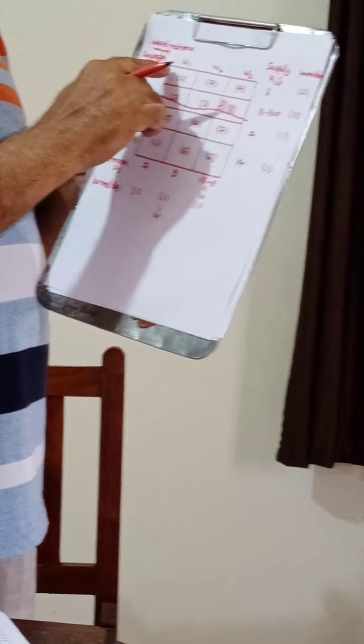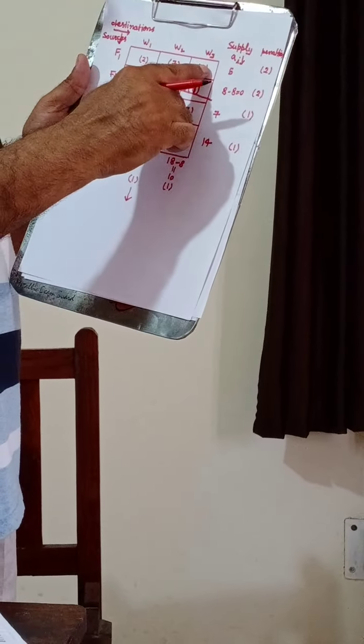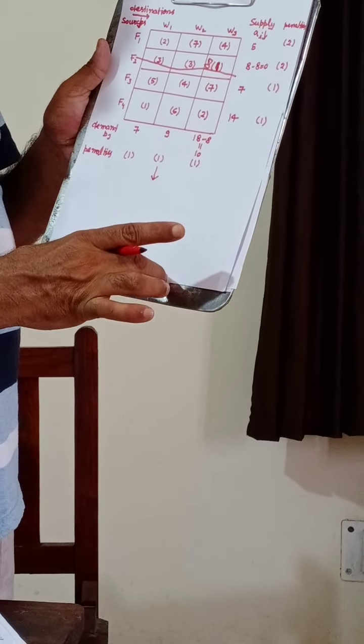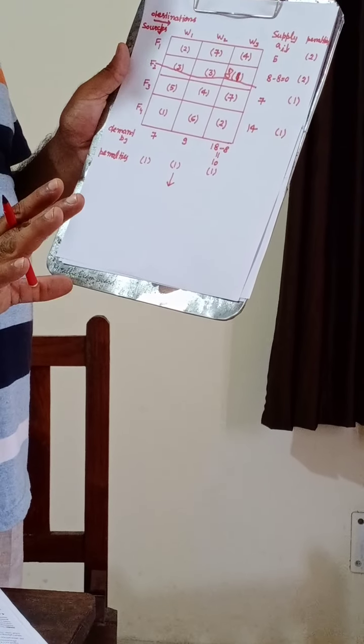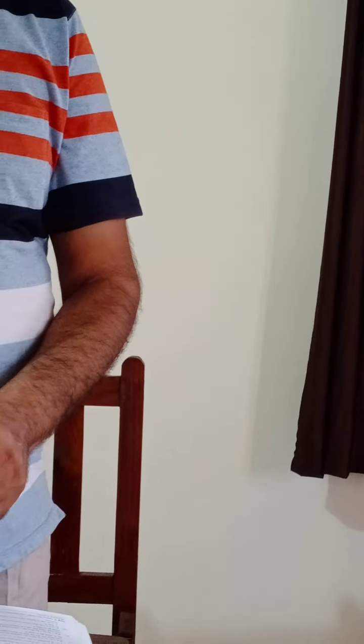In the next step, we will write first row, third row, fourth row, first column, second column, third column, and form a matrix. Then again, we will find the penalties of each row and column in the similar way.